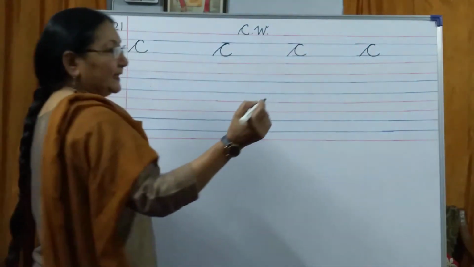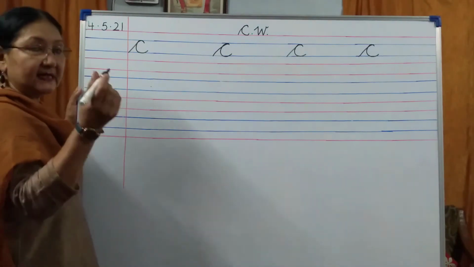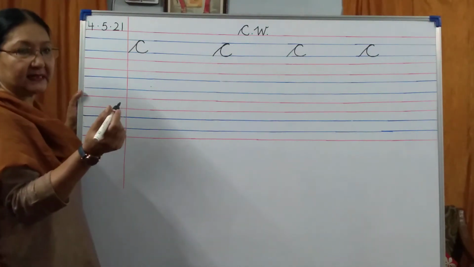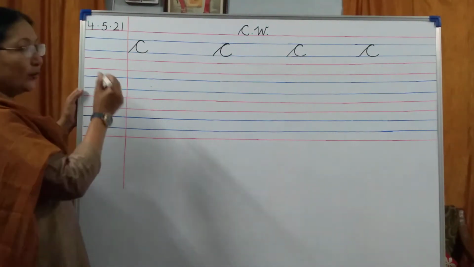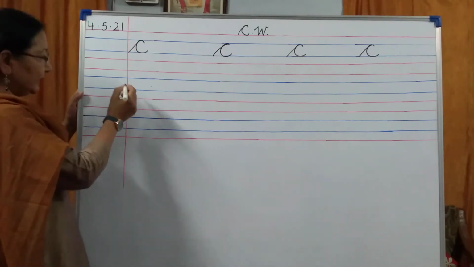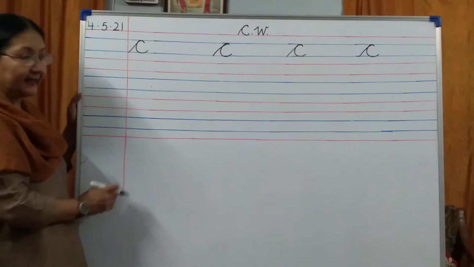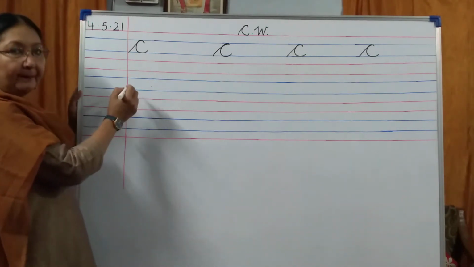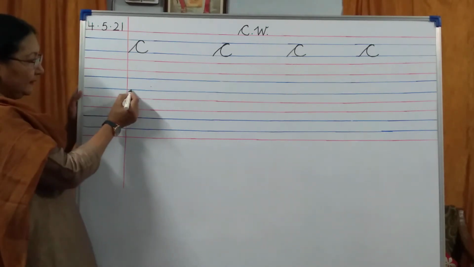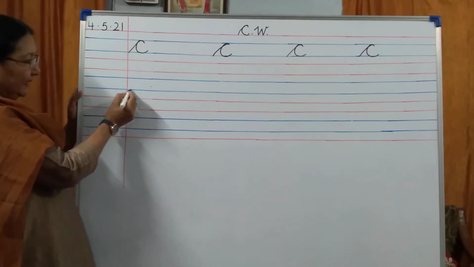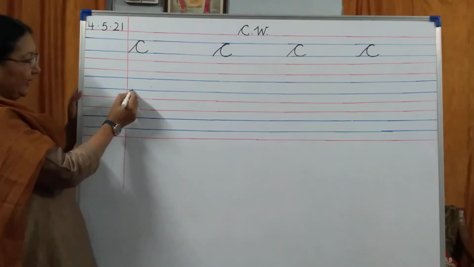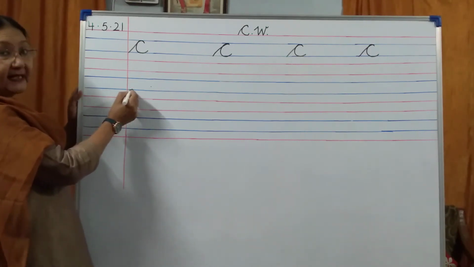Now everybody, all the children, take your pencils in your hand. You will put your pencil on the lower blue line near the margin. This is your margin line, and you will put your pencil on the lower blue line here like this, and you will take it up.